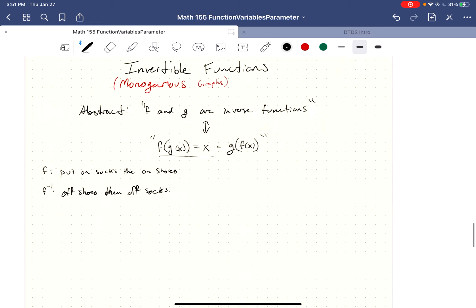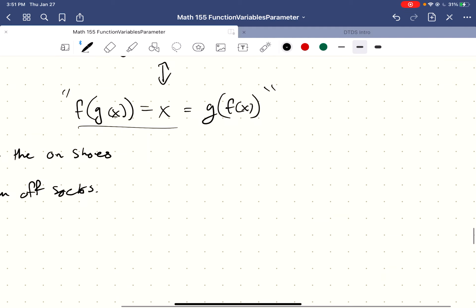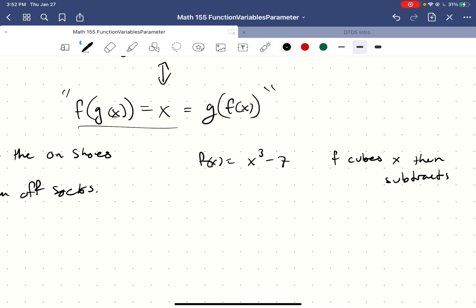So let's see it happen in mathematics. Suppose f of x is x cubed minus 7. Then what does f do? F cubes x, then subtracts 7.